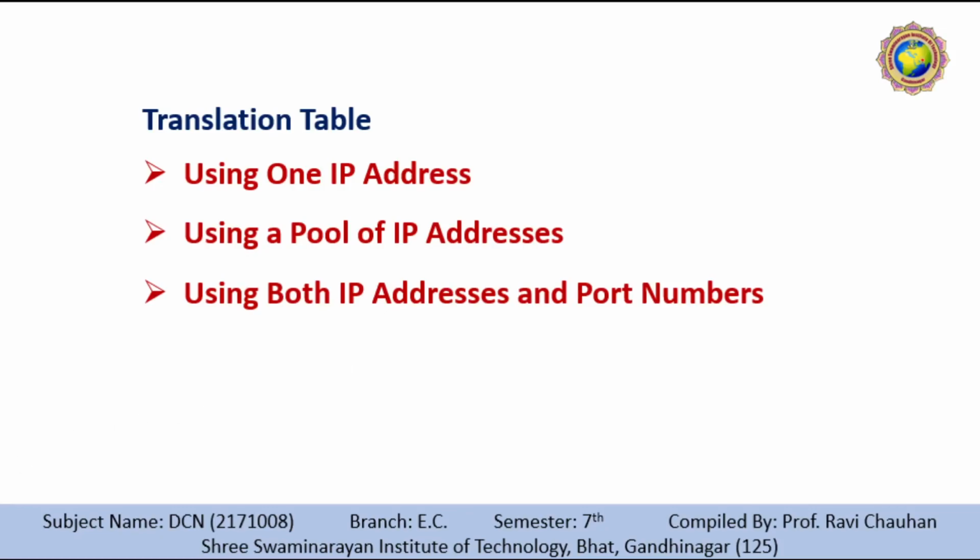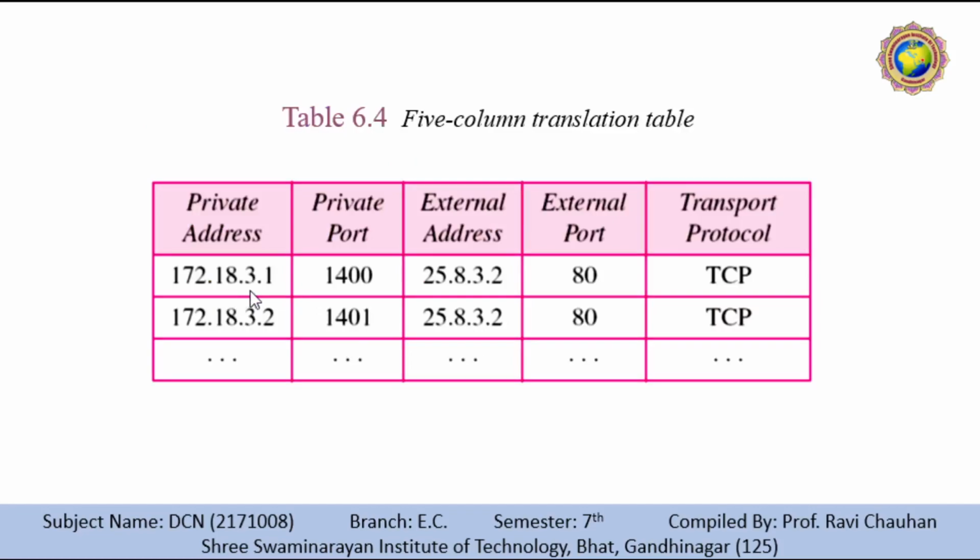Now, using both IP address and port numbers in the translation table. To allow the many-to-many relationship between the private network hosts and external server programs, we need more information in the translation table. For example, suppose two hosts with addresses 172.18.3.1 and 172.18.3.2 inside a private network need to access the HTTP server on the external host, just like our 25.8.3.2.